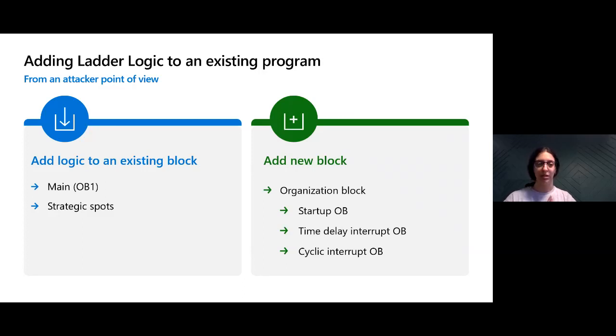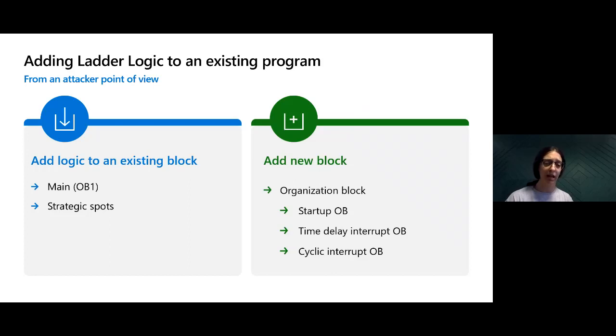So as I said at the beginning, we know why gaining control over ICS systems can be such a huge goal for an attacker. After we covered the basics of ladder logic, we can see that there are two major ways of adding ladder logic to an existing program. The first method is adding logic to an existing block. We know that the main block must exist in every program, and it will always get executed, so it's an ideal place for an attacker to inject malicious logic.